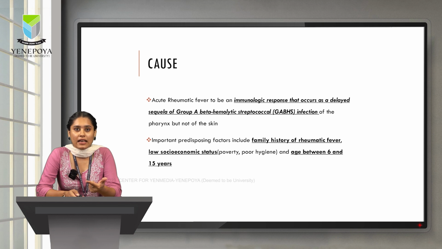If the patient is under poverty or poor hygienic conditions, they have higher chances of getting acute rheumatic fever, and especially if they are between 6 to 15 years of age, they have very high chances. So through this one main PPT, you will know that the main cause is the group A beta hemolytic streptococcal infection, mainly occurring between the age of 6 to 15 years.